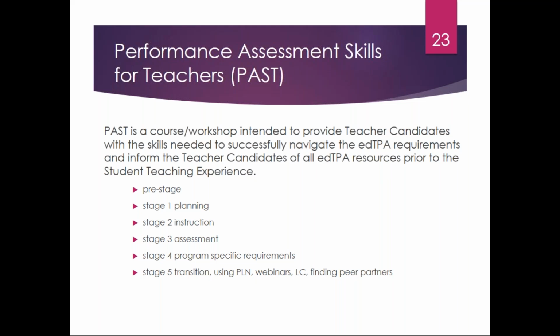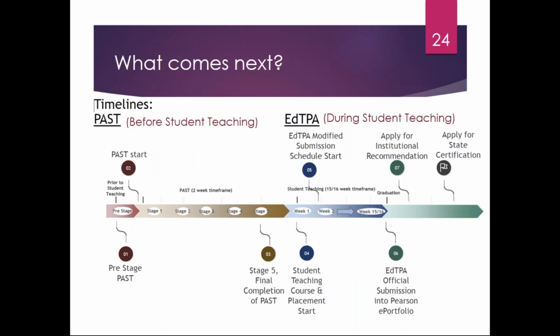So you're going to be going through what to do next as you get into student teaching and starting your EdTPA, using the PLN, which is our professional learning network, the webinars that will be available to you throughout EdTPA and student teaching, LoudCloud and what you're going to be looking for in your LoudCloud student teaching class, and finding peer partners. So that's kind of the agenda for the PAST course workshop. That will be coming up next. So here's a little bit of a timeline so you can follow along.